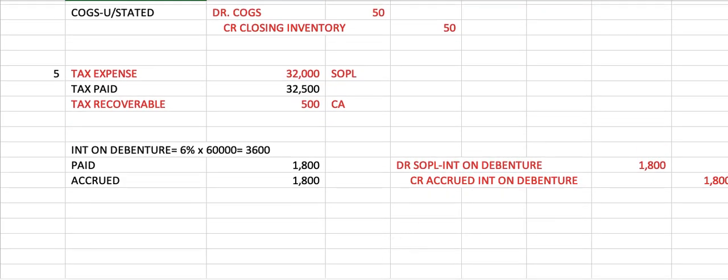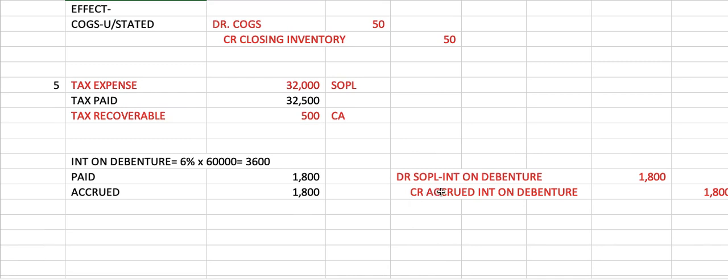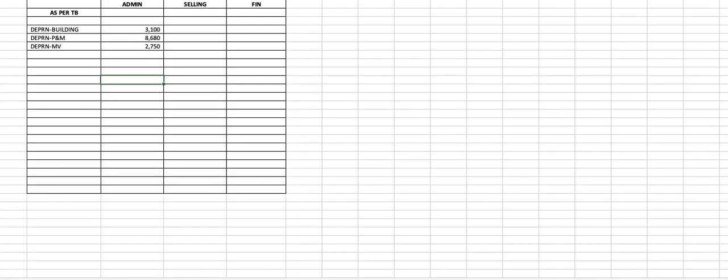Next is this journal entry: debit SOPL, interest on debenture 1,800, credit accrued. So debit SOPL, it goes under financial, 1,800. Financial here, 1,800. Now interest on debenture, you already have that in the trial balance.